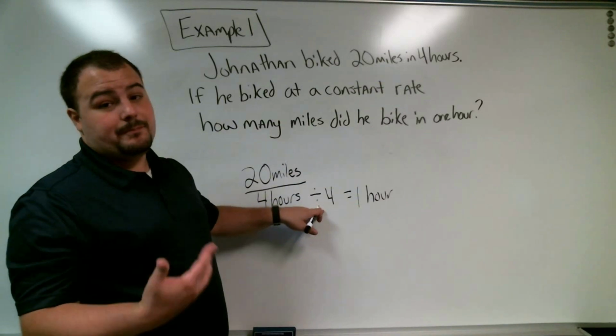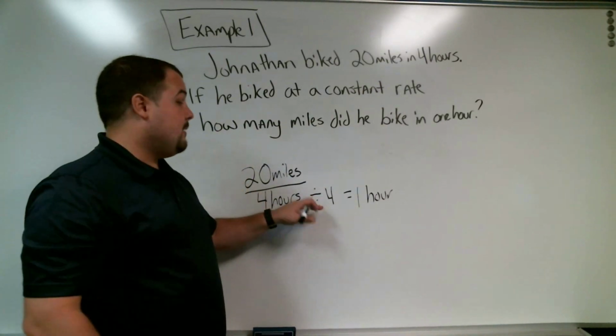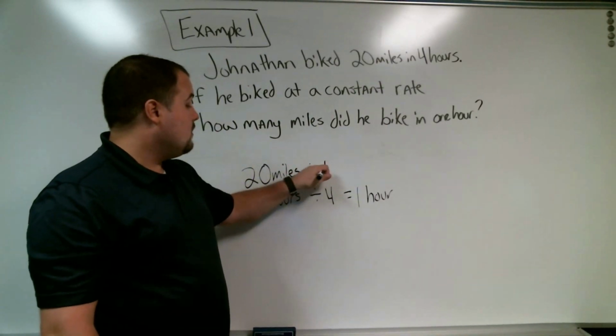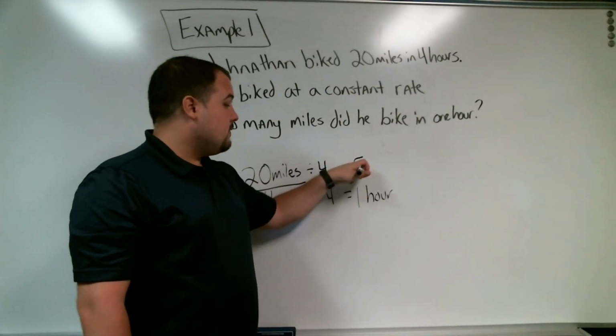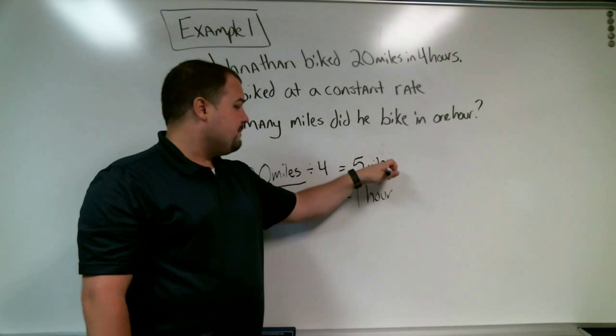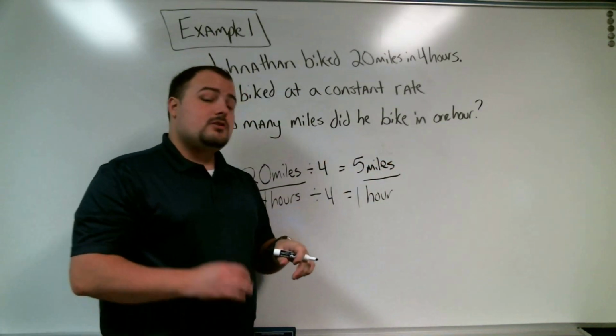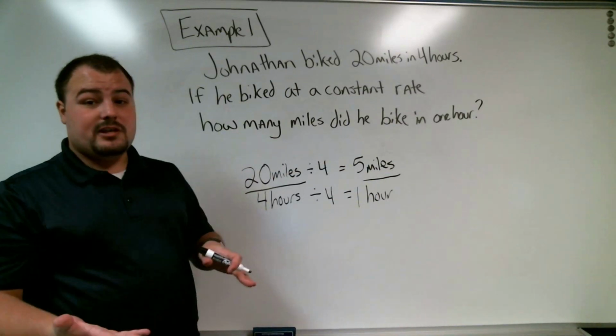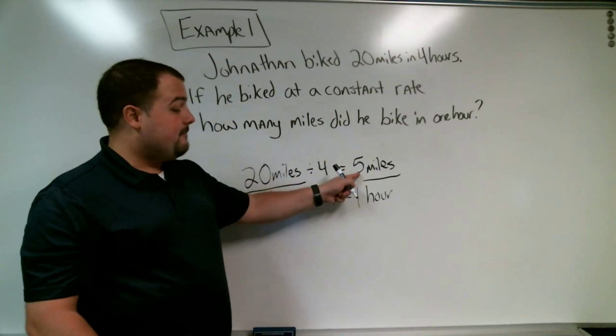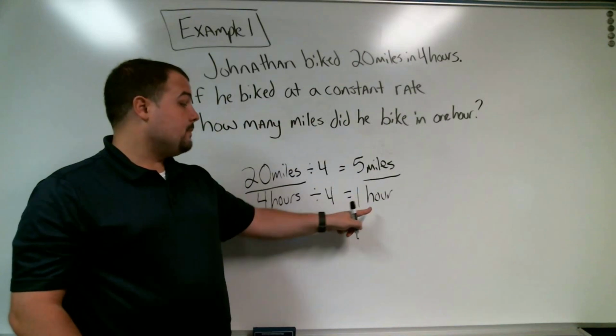So we can't just divide the bottom by 4, we also have to divide the top by 4. 20 divided by 4 equals 5. So in this problem, if somebody was going 20 miles in 4 hours, they're really going an average speed of 5 miles each 1 hour.